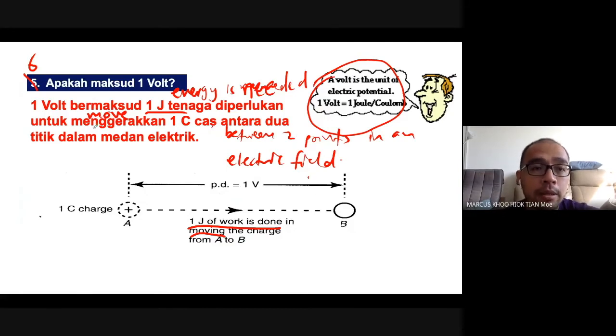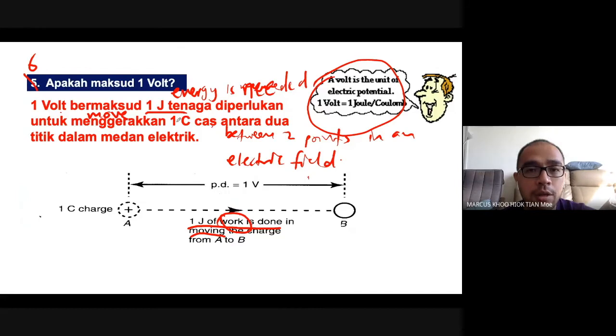I repeat, 1 volt means 1 joule of energy or work. If you want to say work also can. 1 joule of energy is needed to move 1 coulomb of charge between 2 points in an electric field.